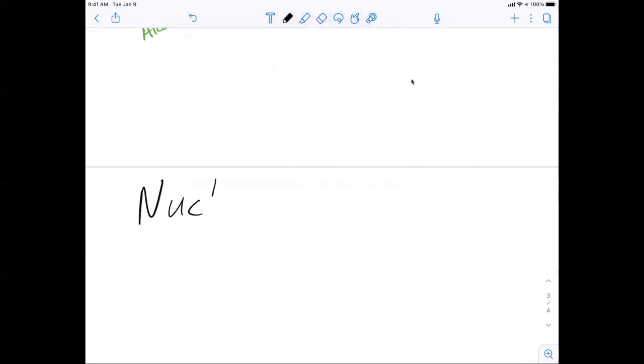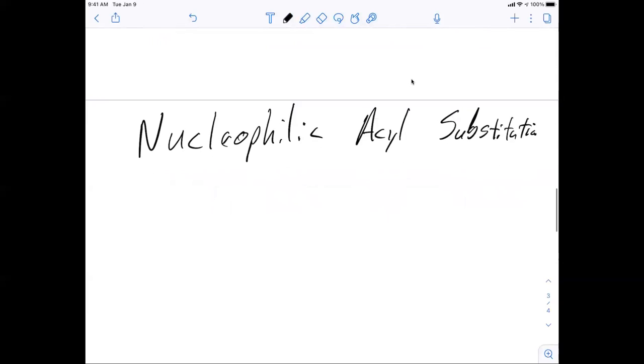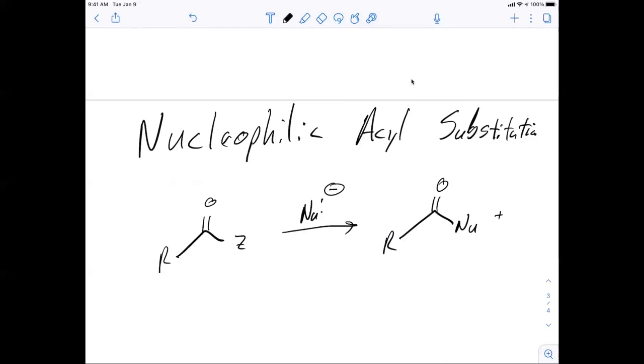So we looked at reactivity. Now let's look at the base reaction that we're going to be dealing with for most of the chapter: nucleophilic acyl substitution. We're going to do it generically, and then I'll give you an example of another one. If we take a carboxylic acid or carboxylic acid derivative and react that with a nucleophile, what I'm going to get is substitution.